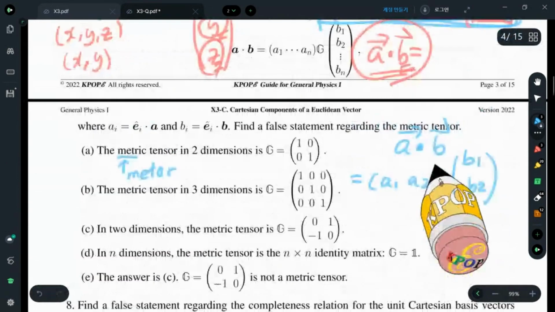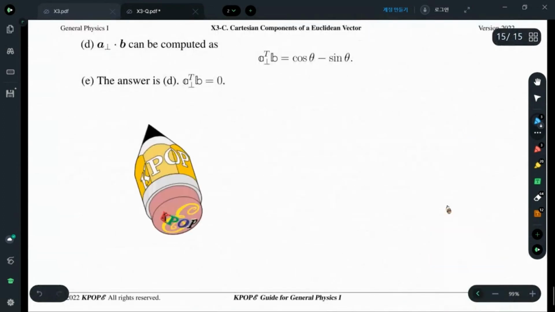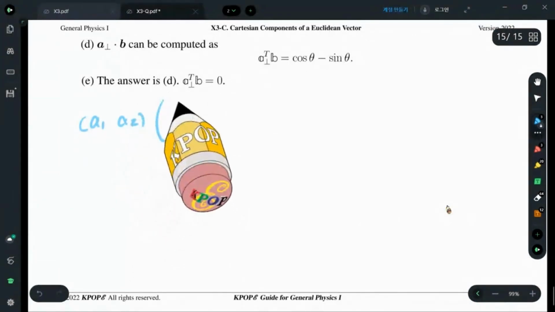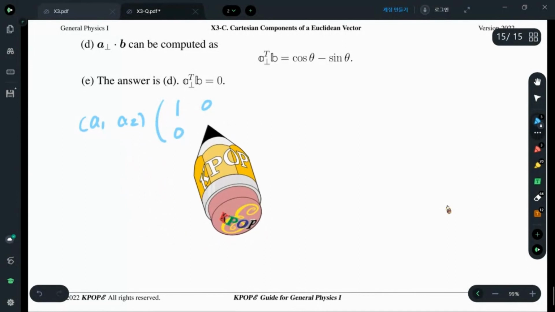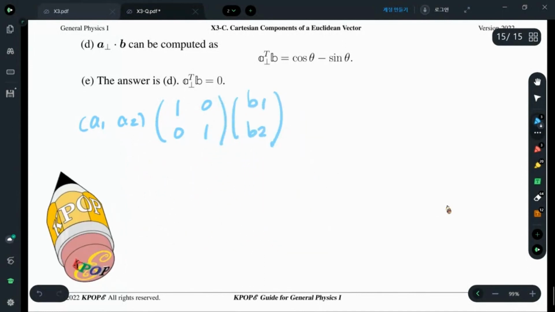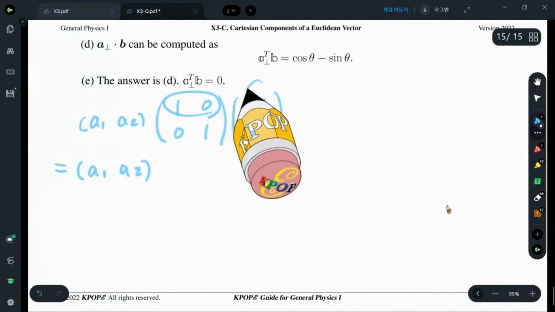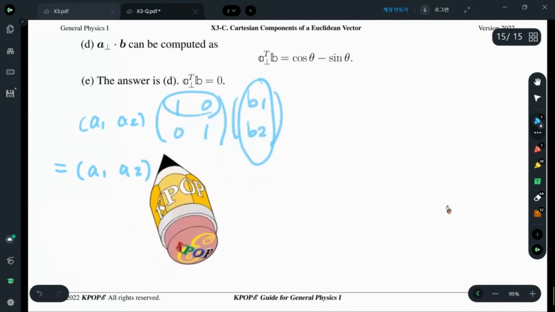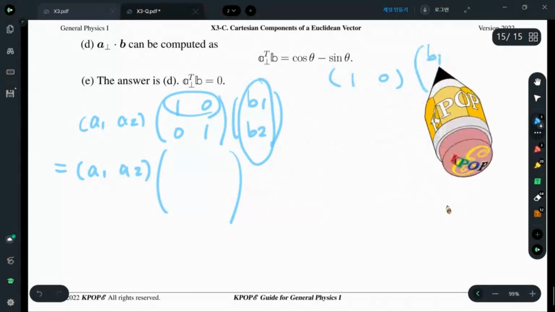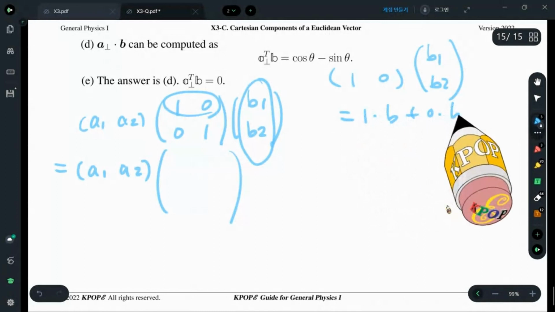I need some space. B1, B2. Just copy the first one, and why don't we multiply these two? What's that? 1, 0, B1, B2. This was 1 times B1 plus 0 times B2.